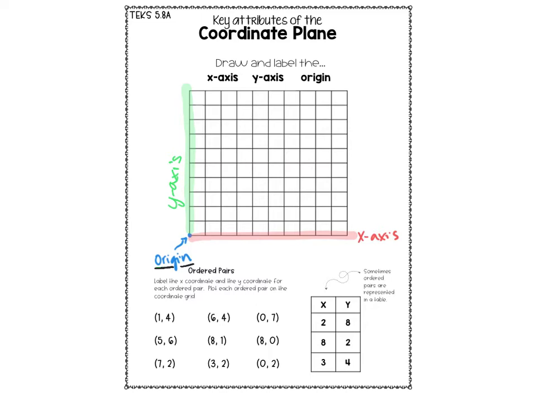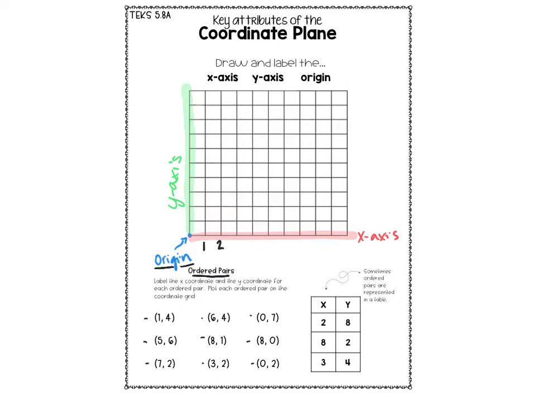We are going to be able to plot ordered pairs. And these numbers down here are ordered pairs. And so we always are going to have numbers down here.